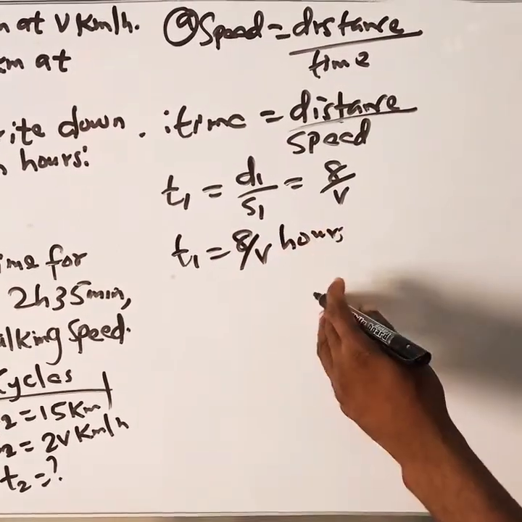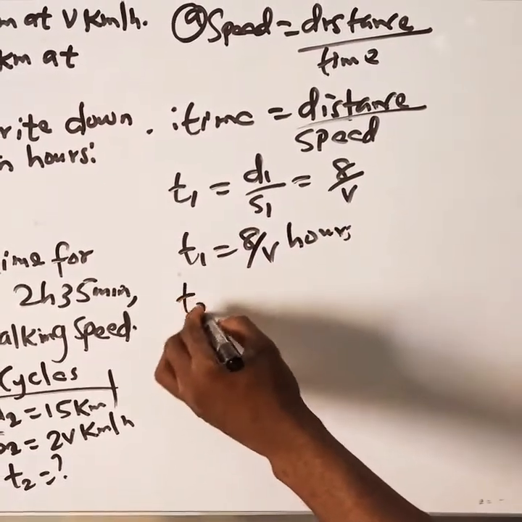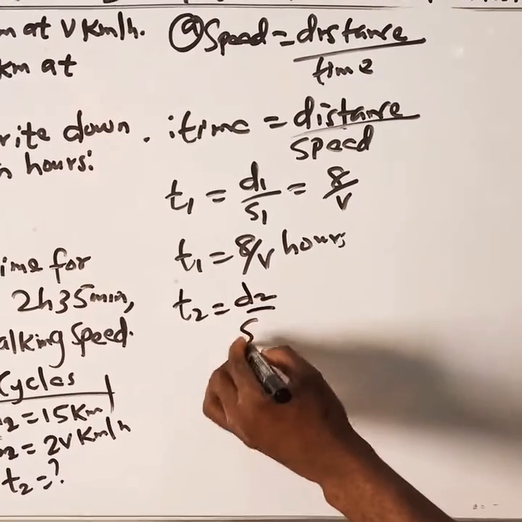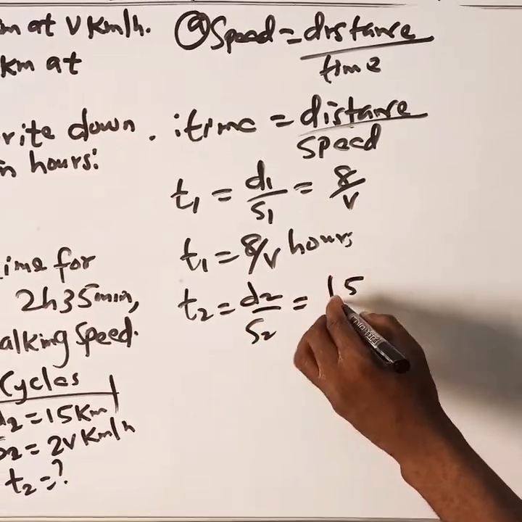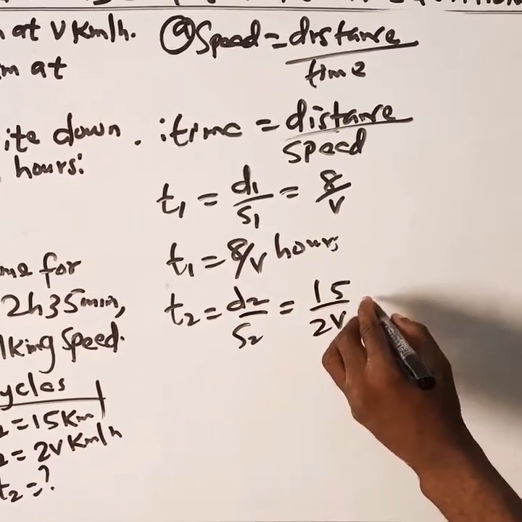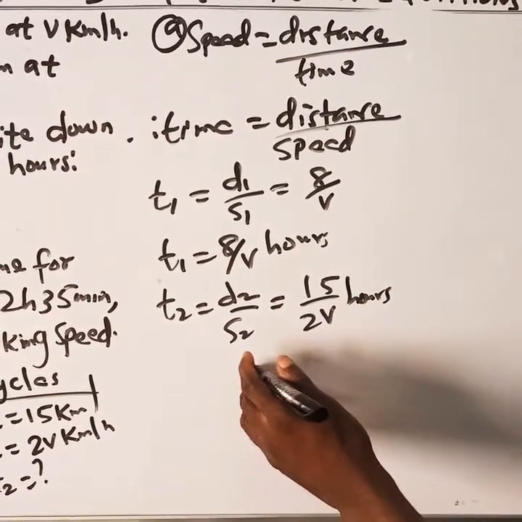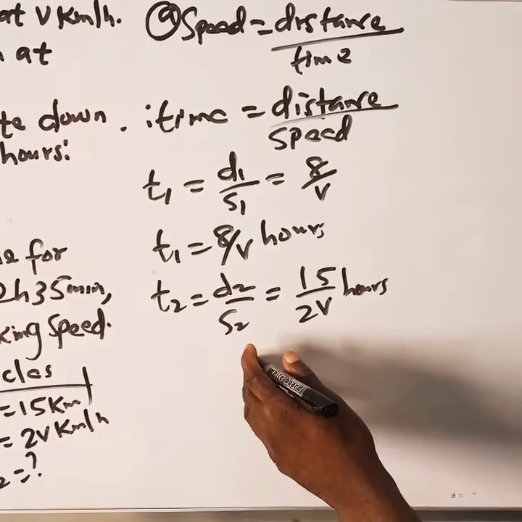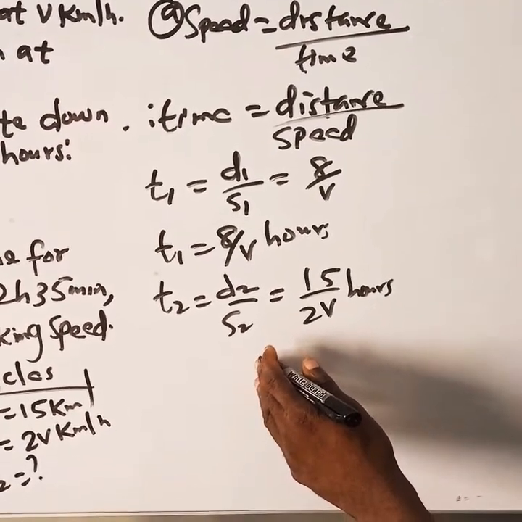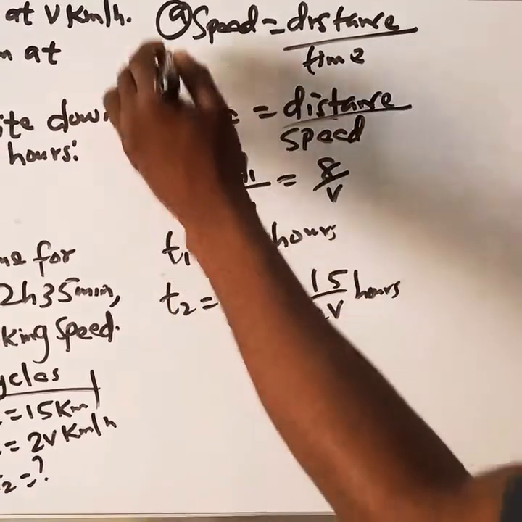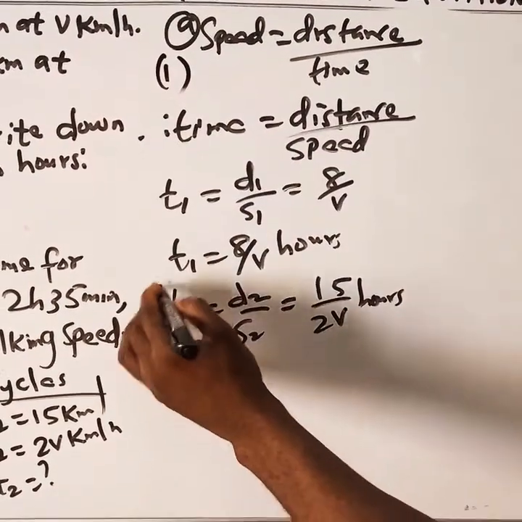That's the time taken for walking. Then for T2, that will be D2 over S2, that's 15 over 2V hours. That's the time for cycling. That's for A, part one and part two.